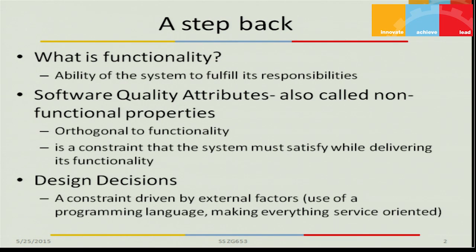So when you are building a software, we need to think of three things: the functionality, software quality, and design decisions. So software architecture comes after requirement. Therefore, at this requirement stage, you need to capture the functional requirement, you need to capture the software quality requirements, and we need to capture the design decisions.